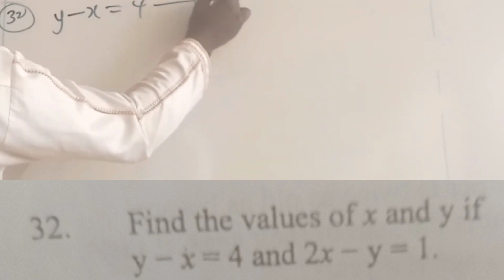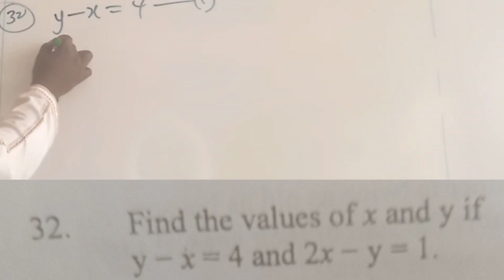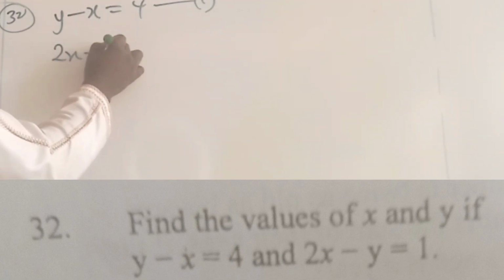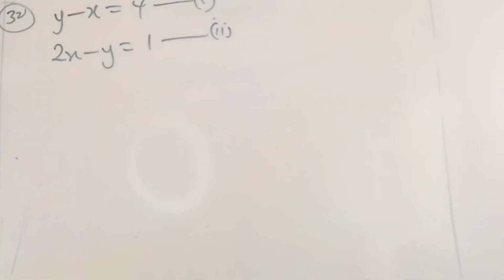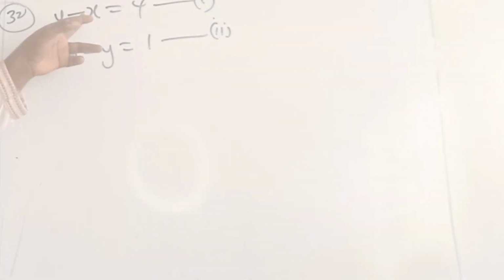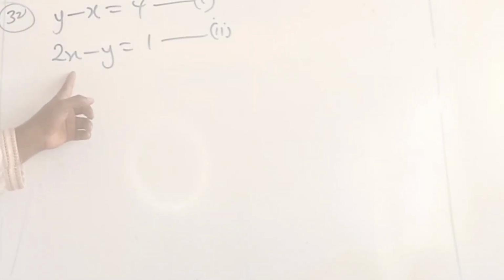Find the value of x and y if y minus x equals 4. This is equation 1. And next one, 2x minus y equals 1. Equation 2. You can use any of the methods to solve this simultaneous equation. So what I will advise is use substitution method, because you can see that we can either make y the subject of formula in equation 1, or you make x the subject of formula, then substitute it in equation what? 2.